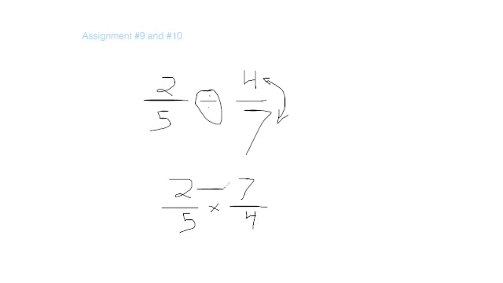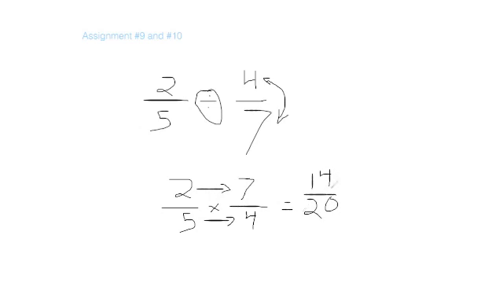So now you just multiply across, just like how we did before. All it is now is 2 times 7, which is 14, over 5 times 4, which is going to be 20. Now in this case, both of them you can actually simplify by 2.